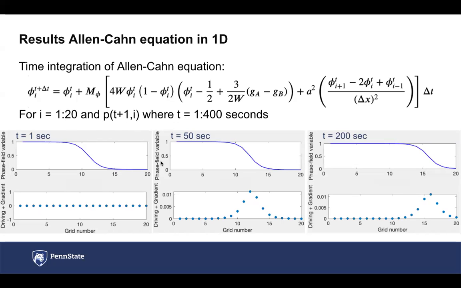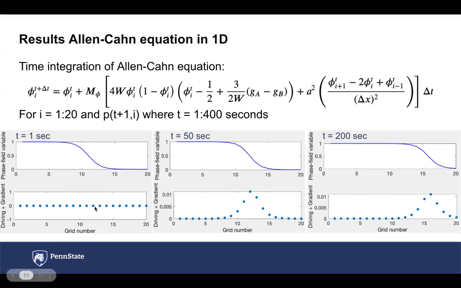And these figures below represent the phase field variable along with the sum of the driving and gradient energies at 1 second to 200 seconds. And so initially we have our phase field where in phase B it's at 1, and then it diffuses into phase A, which is at 0.